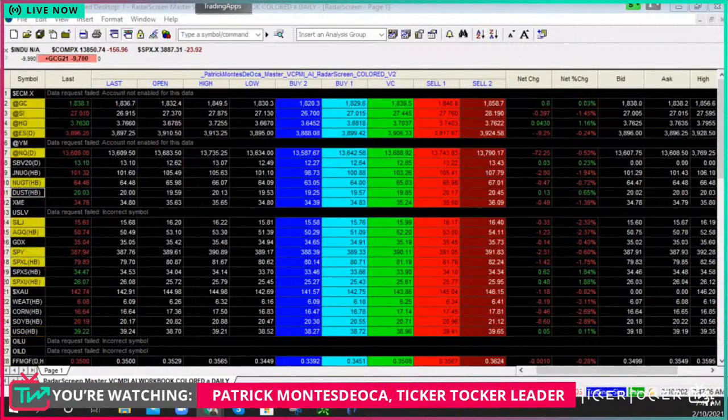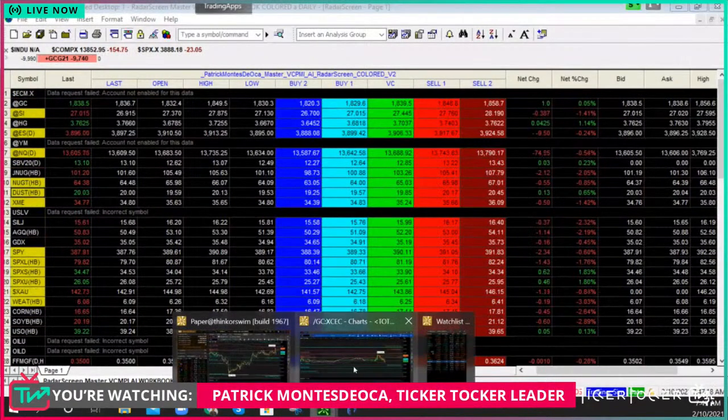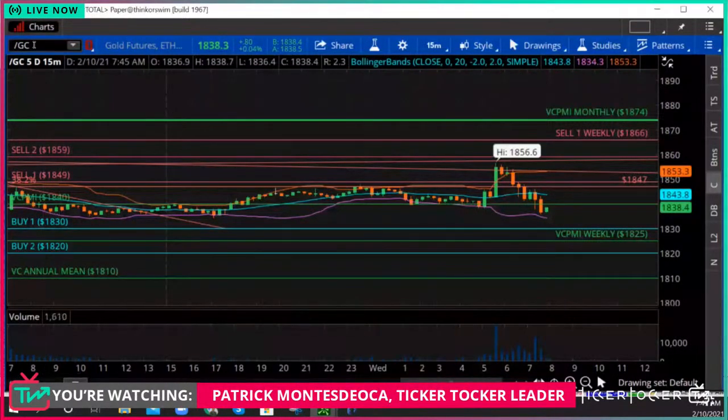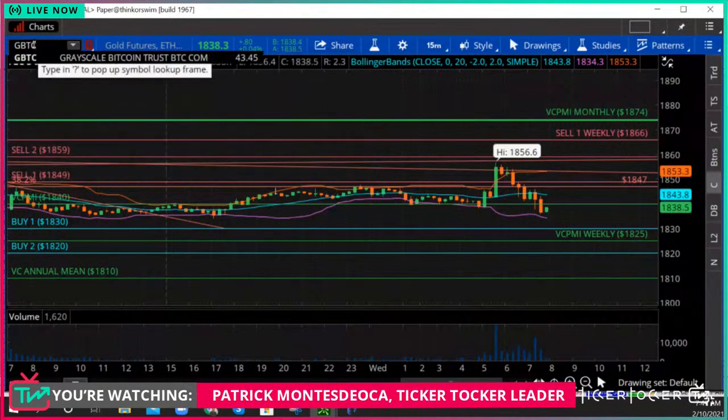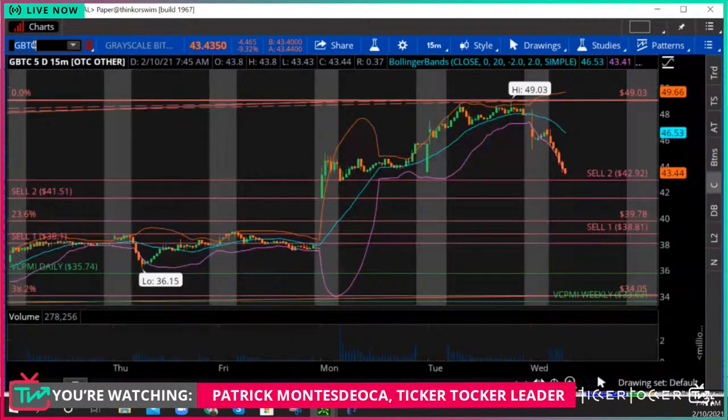It's impossible. So I choose to trade the most active ones, the most liquid ones, and that's gold, silver, the mini, and Bitcoin, which is an interesting market here that has developed. And we use it to trade actively through the Grayscale Bitcoin Investment Trust.